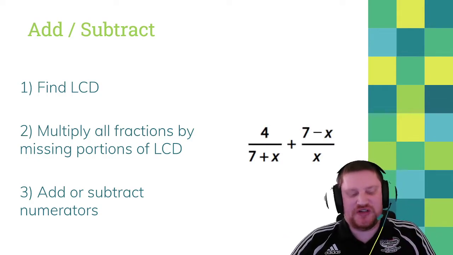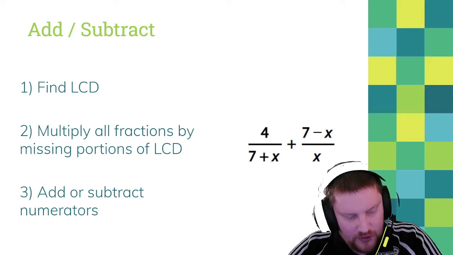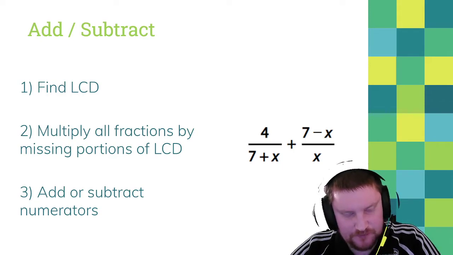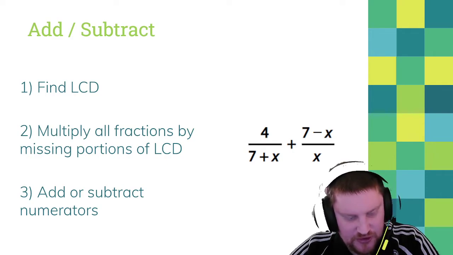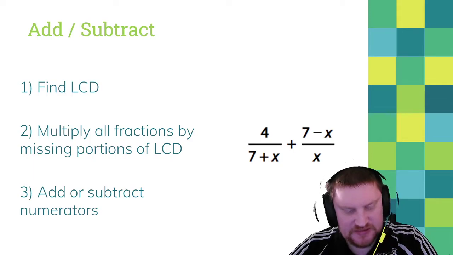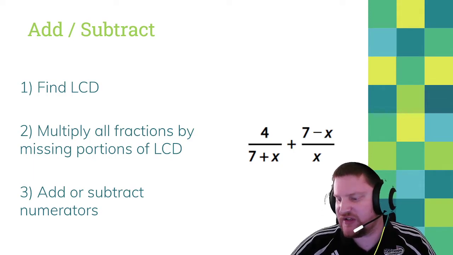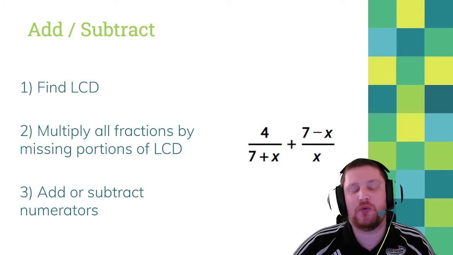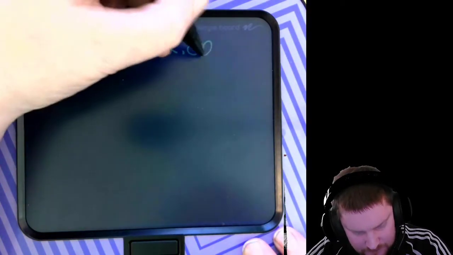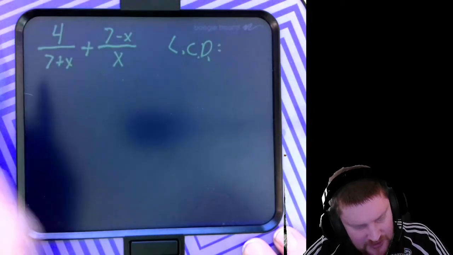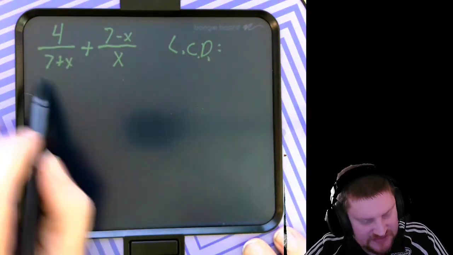So let's take this for example. I have 4 over 7 plus x, and then I'm adding that to 7 minus x in the numerator and x in the denominator. So once again, we're going to go back to the document cam and do this by hand. So first of all, for our least common denominator, which is step 1, I see over here I have 7 plus x.